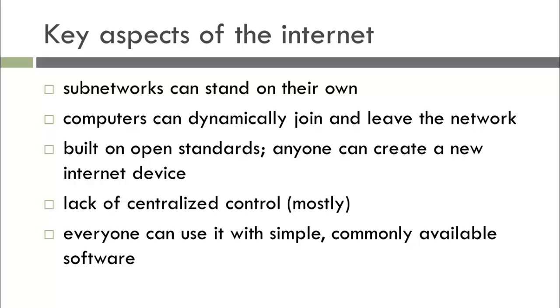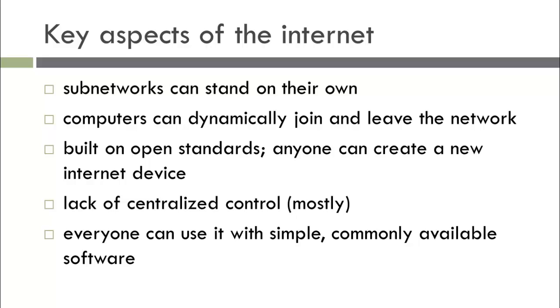Since the Internet is really a collection of networks, a key aspect is that these networks can stand on their own. They can either be connected over to the larger Internet, or they can remain alone. Also, computers can dynamically join and leave the network as they choose. There's no gatekeeping procedure that says one can and another one can't.